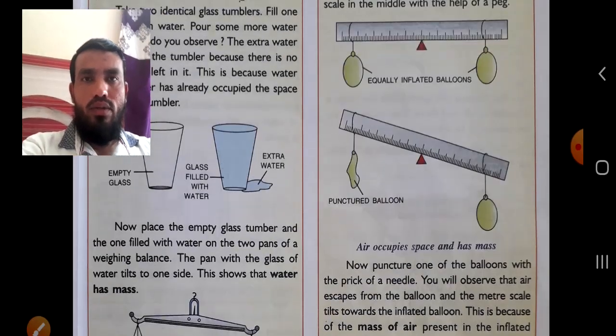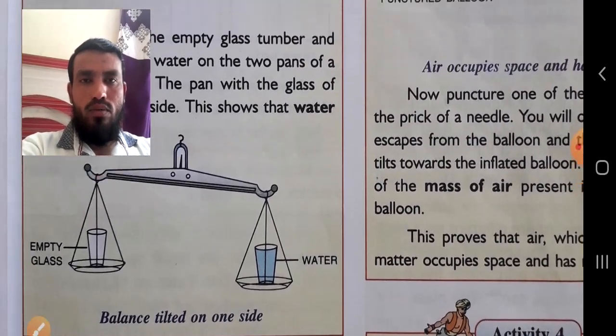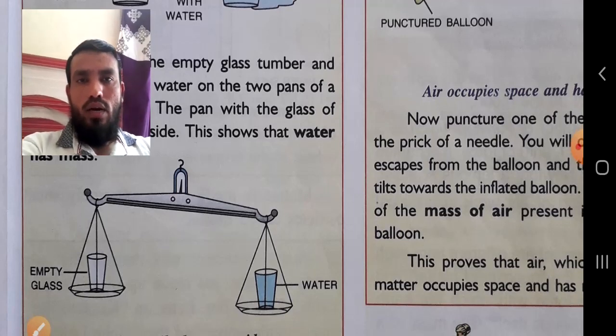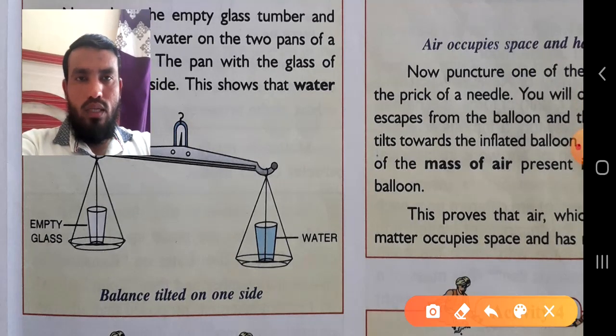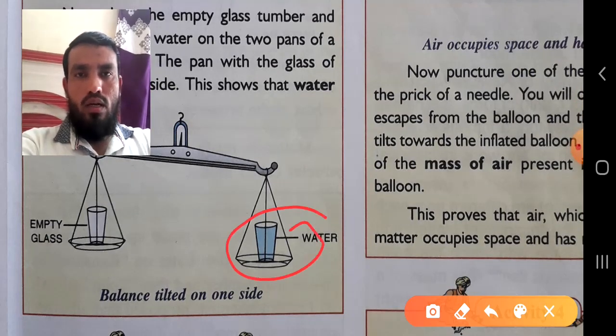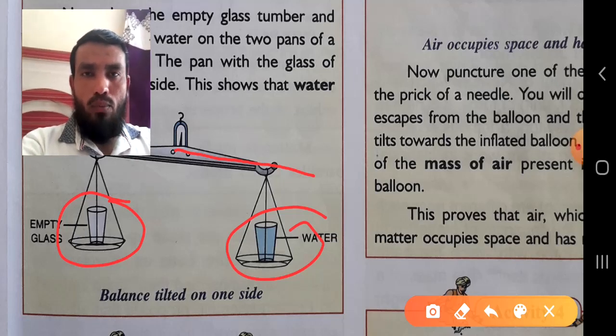In the first activity we just observed that water occupies space, but in the second activity we observe that water has mass. Because of the mass only, the glass which is containing the water will tilt the weighing balance to this side, because it has mass, and the glass which doesn't have water inside will go upward.